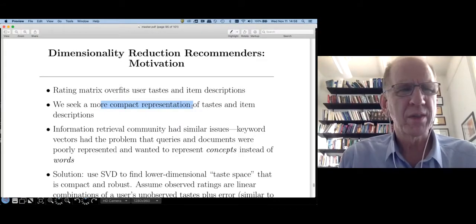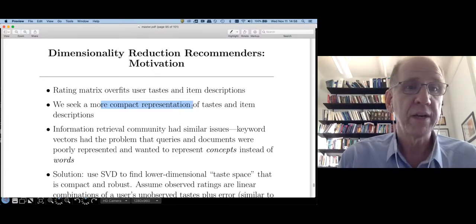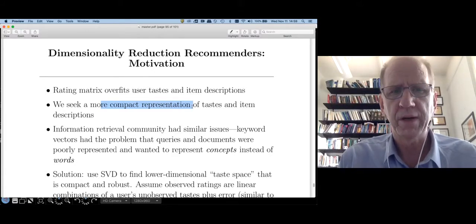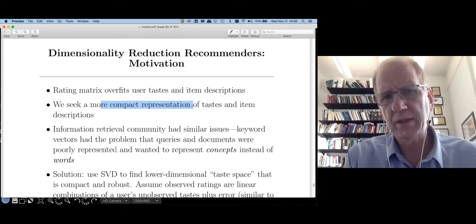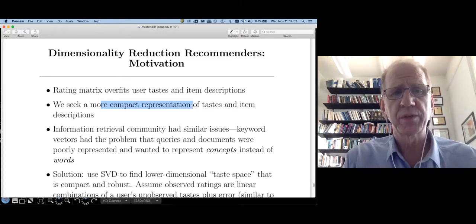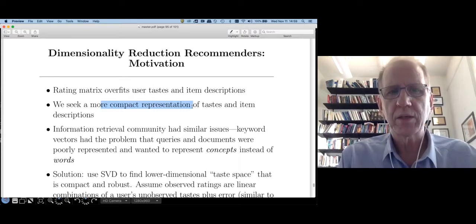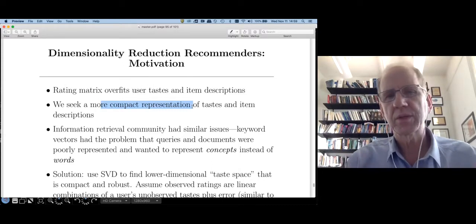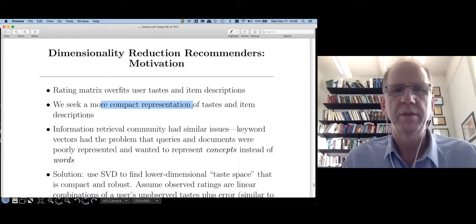Now, you could think of content-based filtering as having done that with an item profile. But the difference between content-based filtering and these dimensionality reduction methods is that with content-based filtering, we were explaining your tastes based on attributes that we could agree on, like the director and the genre and the year it was made.